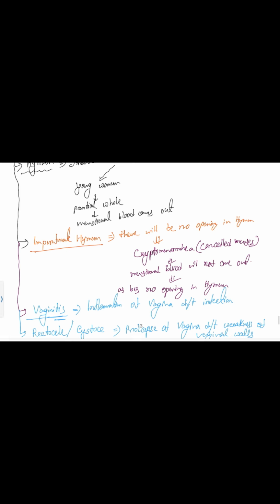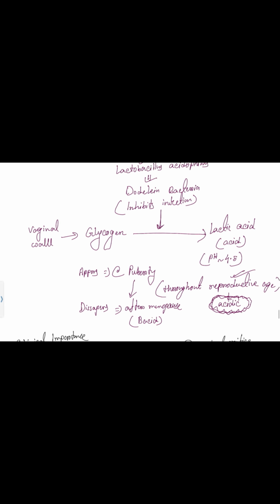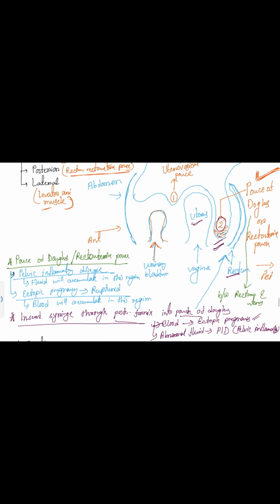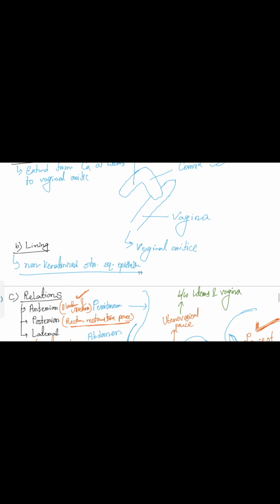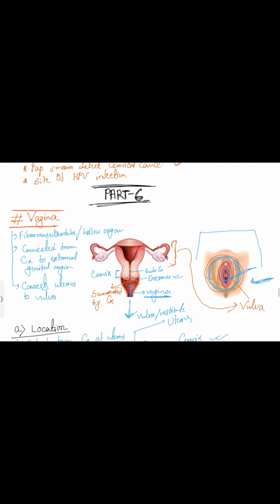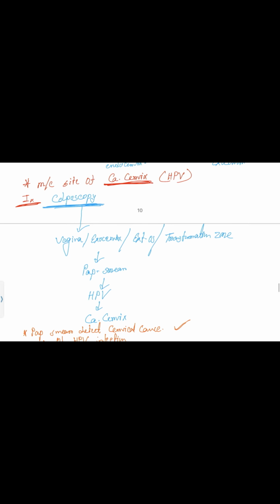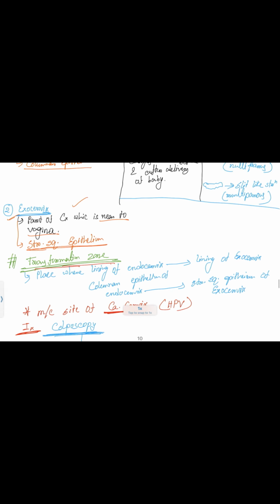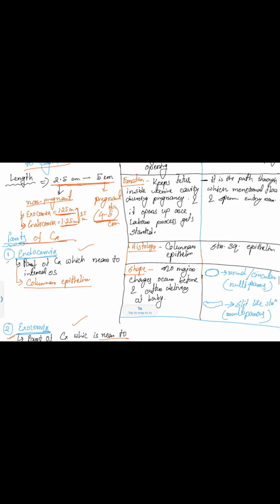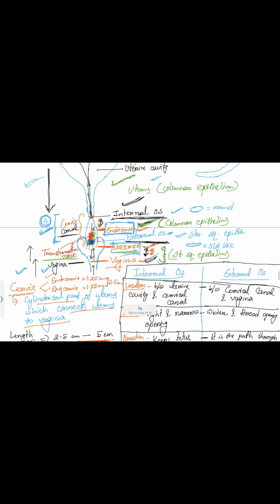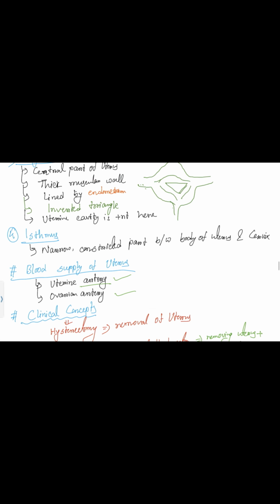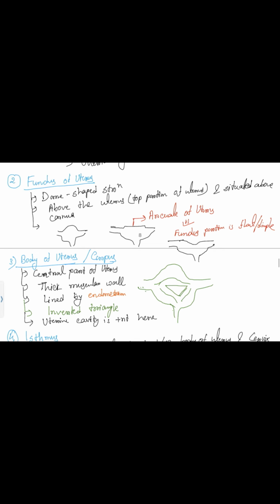So that's all about the vagina, and we have completed the whole anatomy of the female reproductive system in total part 6. I will take another session where I will make some important notes regarding the different internal organs with their surface lined by which kind of cells, whether stratified, squamous or columnar, keratinized, non-keratinized, then the blood supply of different external and internal genital organs.